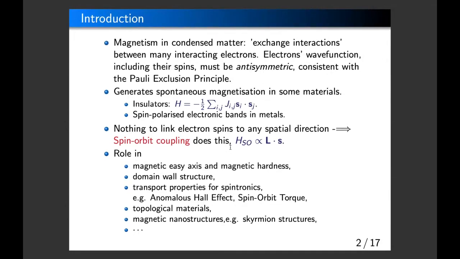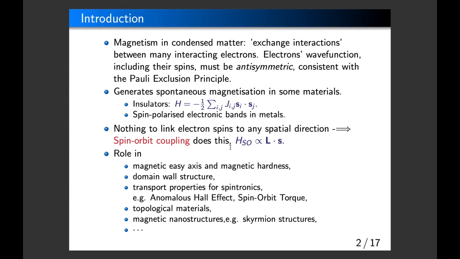So a real magnet will be comprised of many domains, where the magnetization in one is pointing in a different direction from the magnetization in another domain. And then if one goes from one domain to the other, it's got to have some transition range, and that's the domain wall. And as I'll explain in a little bit, spin-orbit coupling is a prime factor in determining how thick the domain wall is.